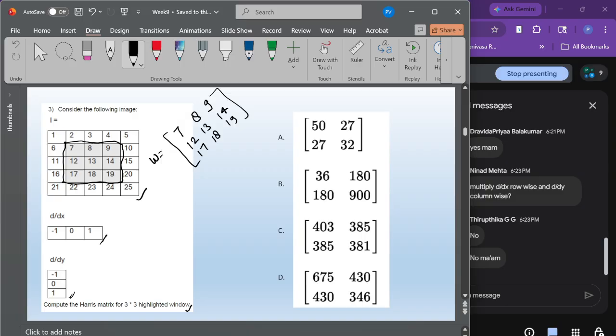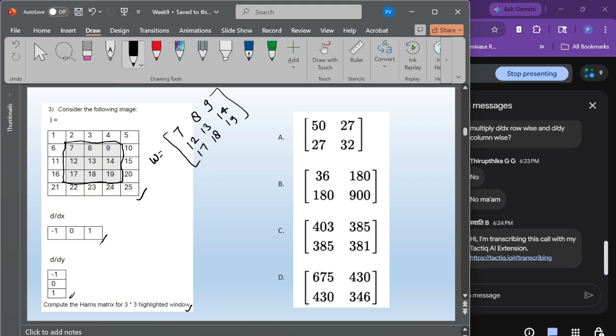Our gradient kernels are -1, 0, 1 in the x direction and -1, 0, 1 in the vertical direction. For each pixel in this 3 cross 3 window, we will apply the kernels.